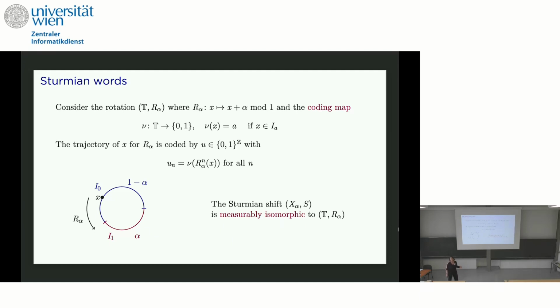And then we don't lose that much information. It's not ridiculous in the sense that we have an isomorphism between the dynamics of the rotation plus alpha mod 1 and the dynamics of the shift on the set of Sturmian words. This isomorphism is only in measure, but there's commutation of the dynamics. Well, it's not ridiculous to try to understand equidistribution properties from this symbolic viewpoint.